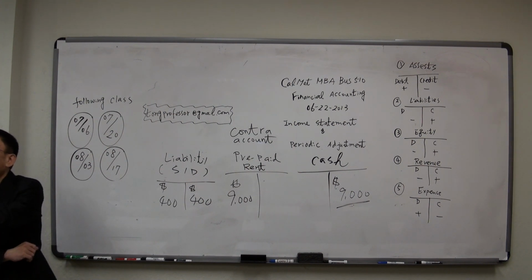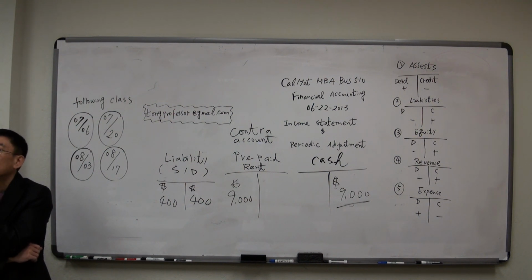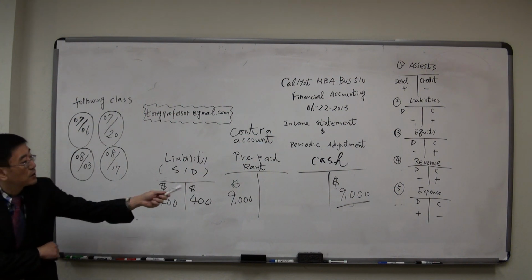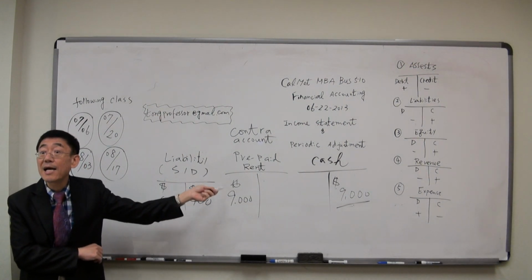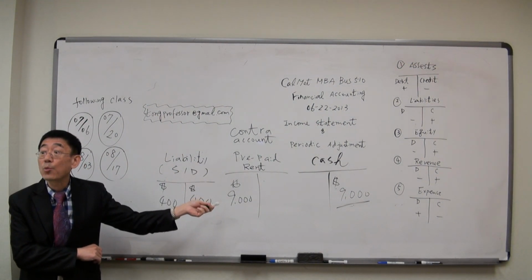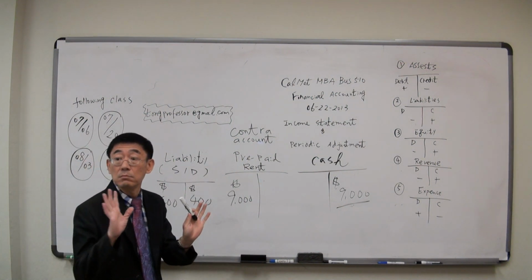Which account do you want to pick? Give me the name of the account. How about we pick this account? This is the assets account, and when an assets account reduces, it's on the credit side. So this is fine.